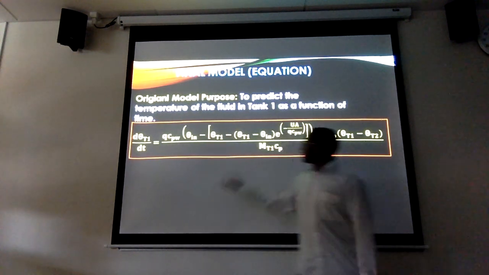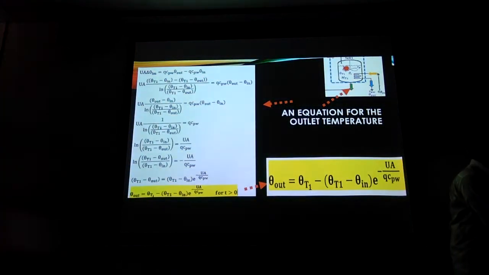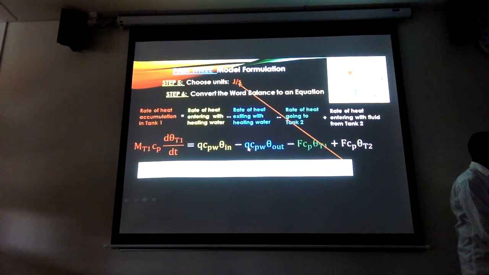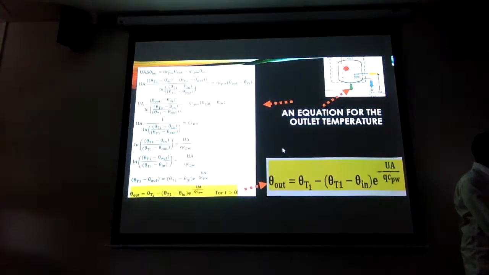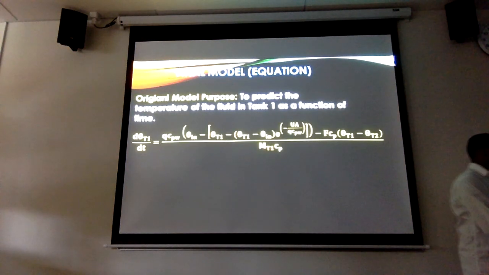It looks too complicated actually, but it's basically this equation and this equation. So if you replace T out, that one here, that one there, with this equation, and you collect the like terms, then you get this equation.